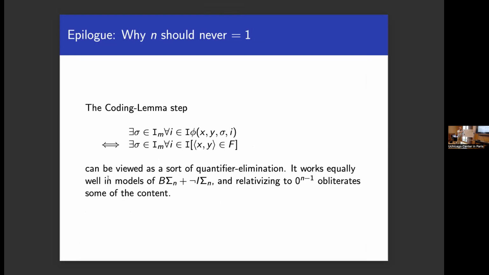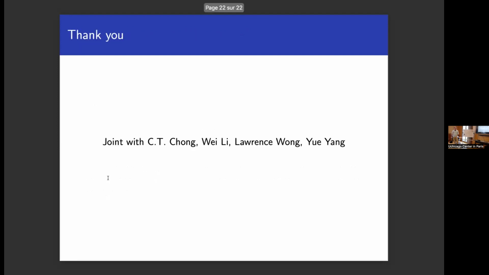And you can view this elimination of that phi and making it into a coded set as a sort of quantifier elimination. But when you make n equal 1 and you relativize to 0 to the n minus 1, most of that information goes away. And just inverting the jump doesn't have any obvious way of breaking it down. Anyway, thank you very much.